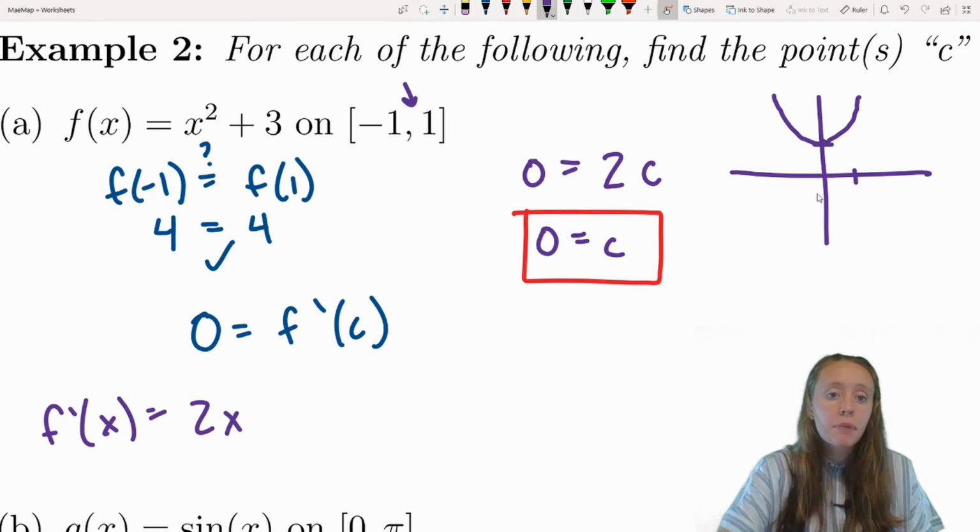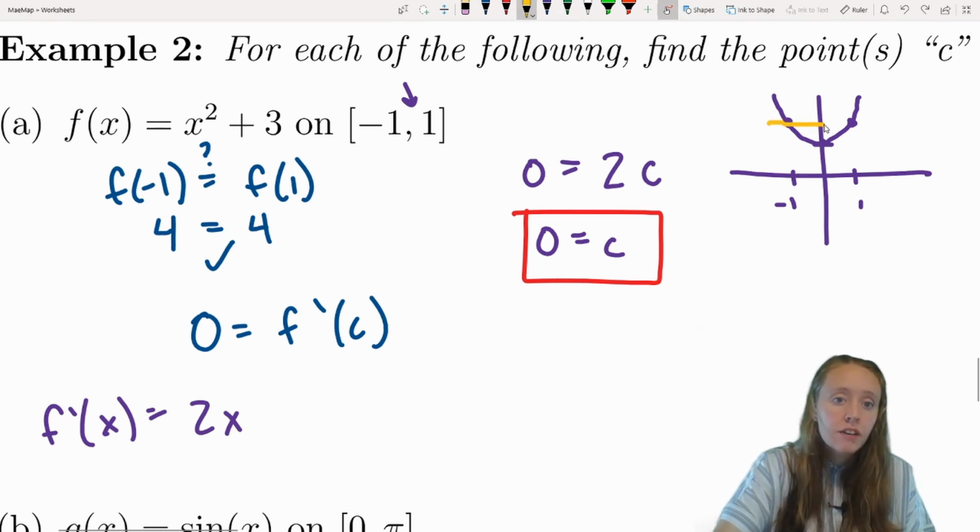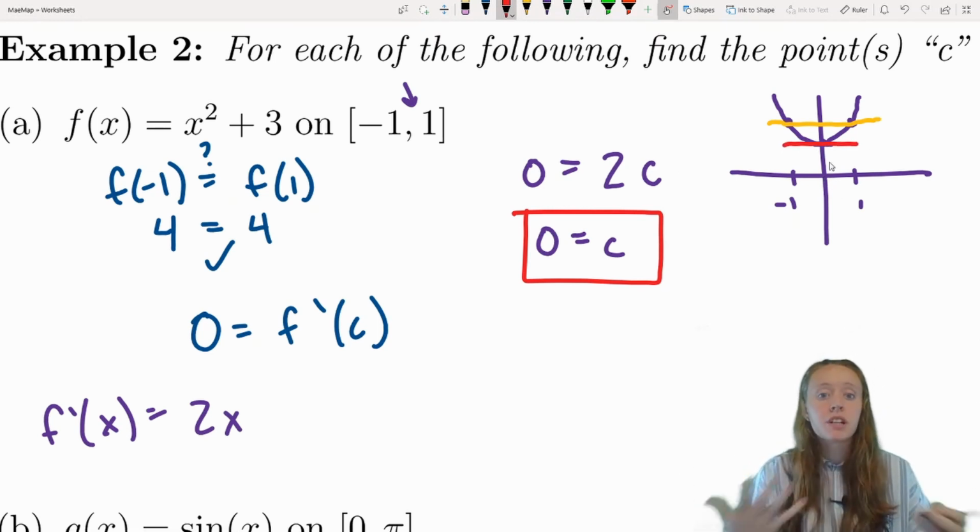So when we're at +1 or -1, we're at the same function value. If here is -1 and here is +1, you can see that the slope of the secant line is indeed 0. And at the point 0, we also have a tangent line that's horizontal, a derivative of 0.